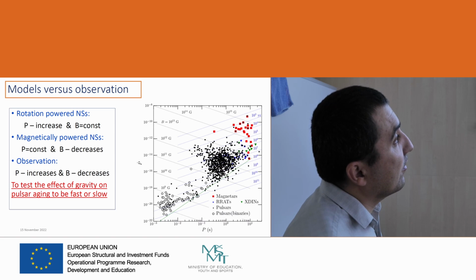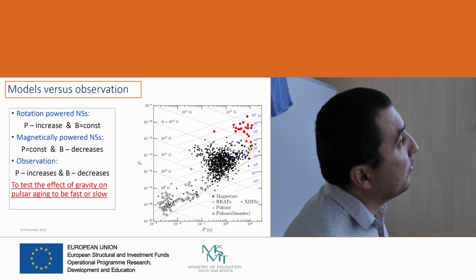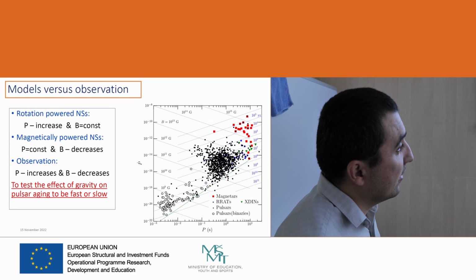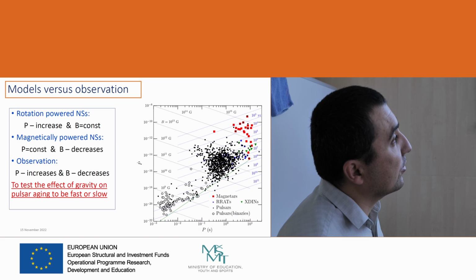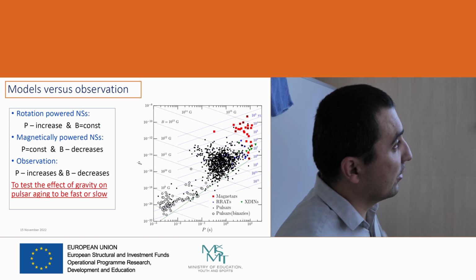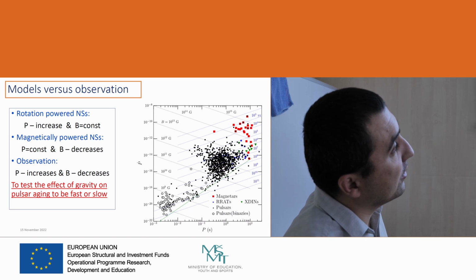So, for example, the position of pulsar neutron stars in the P-P dot diagram should change, to the right and to the bottom in this diagram.